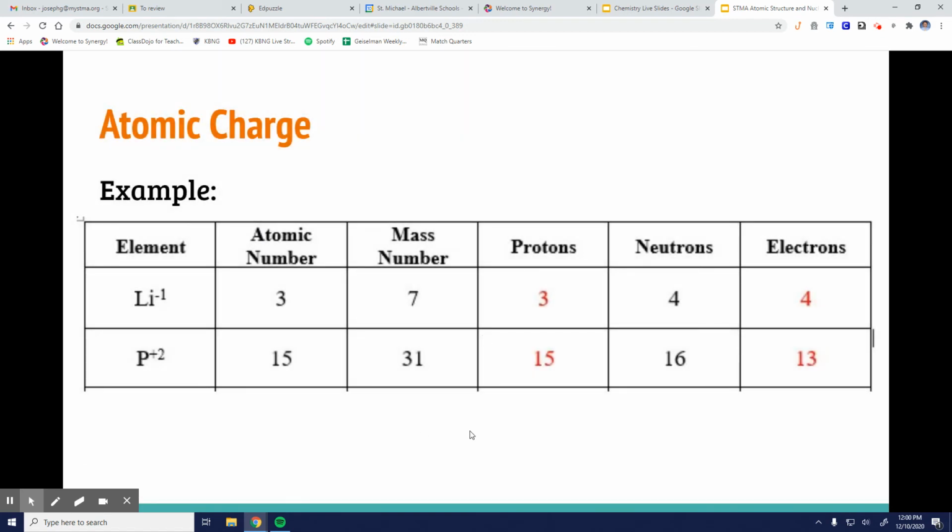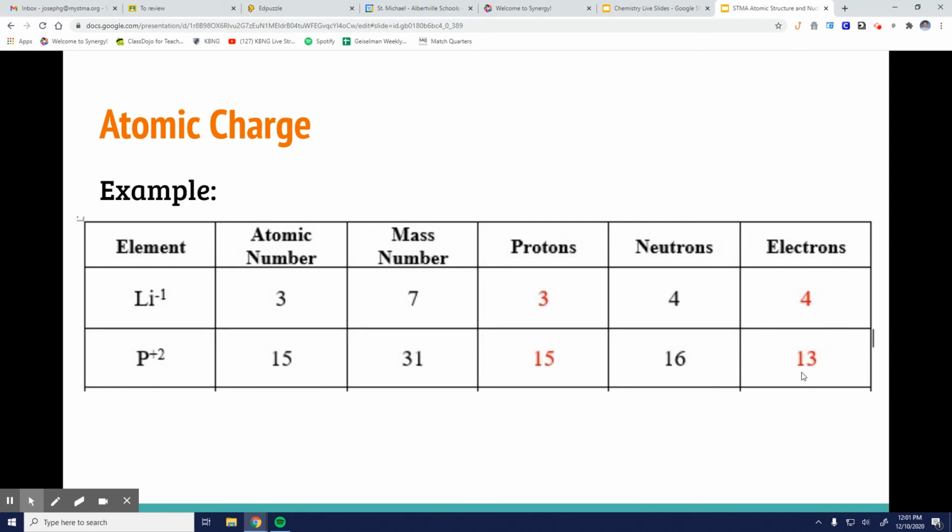So here's an example. I took the numbers from last time, the two atoms, and I put in a different number of electrons. So we can see that lithium still has an atomic number of 3. That means it will have 3 protons. But if it has 4 electrons, that gives us 1 extra negative charge, and we get lithium with a negative 1 overall charge.